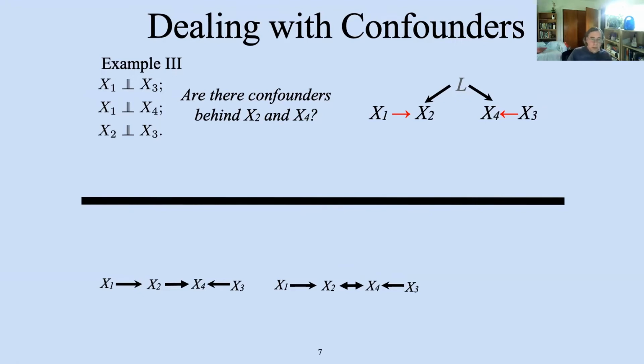When you're in a situation like that, that's an indication that there could be unmeasured confounding. In order to come up with a structure that has the right set of d-separation relations among the measured variables, you would need to include more variables in the system. In other words, unmeasured variables.